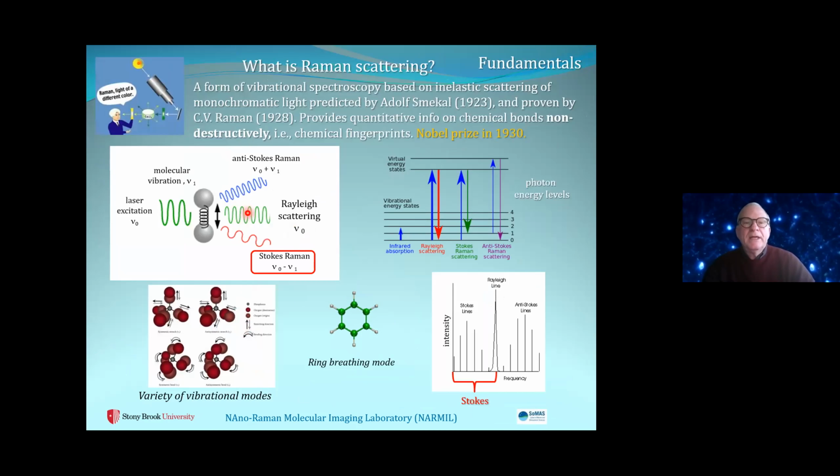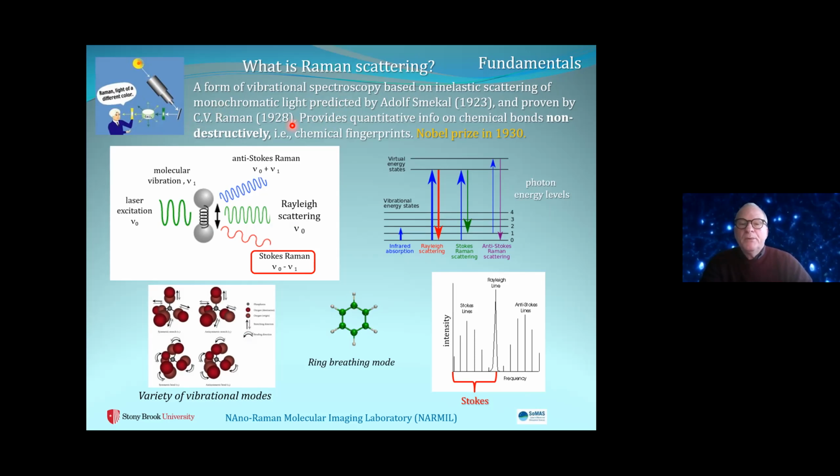Raman scattering is a form of vibrational spectroscopy, complementary to infrared spectroscopy. And it's based on scattering of monochromatic light, that is, laser light. It was predicted back in 1923 that this effect existed, but it was proven experimentally by C.V. Raman in 1928.